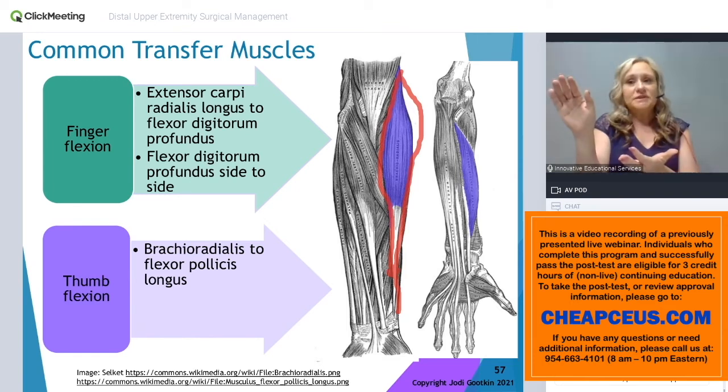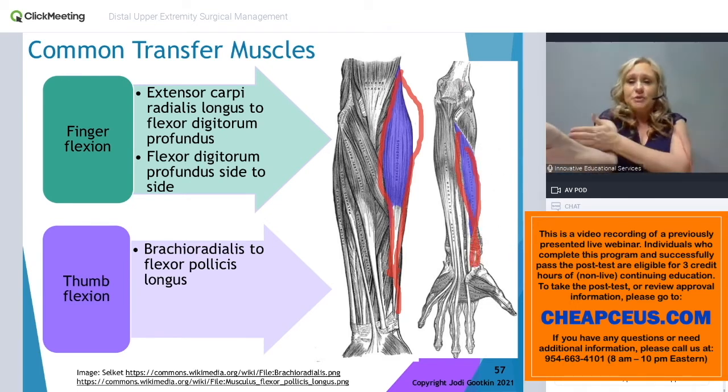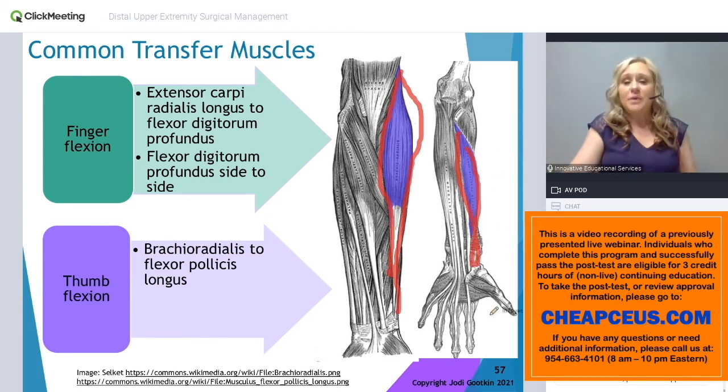It makes more sense, through the mapping they've determined, to use that brachioradialis and transfer it over here, close in proximity to the flexor pollicis, and now you're using a good strong muscle transferred to create a good strong grip. So we want to know what muscles are transferred and moved, and know that they've done a lot of research to try and figure out what can go where.